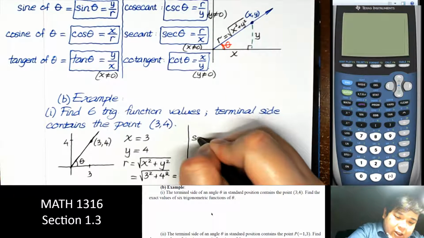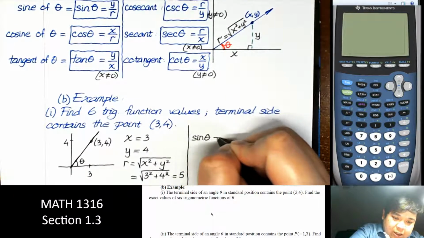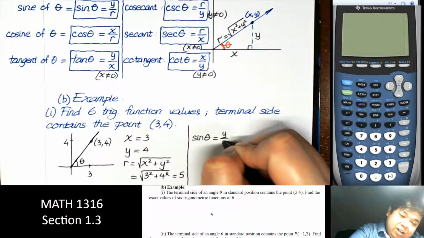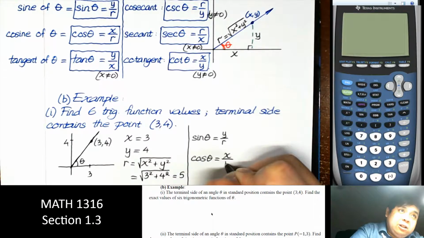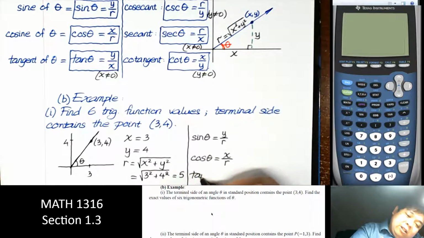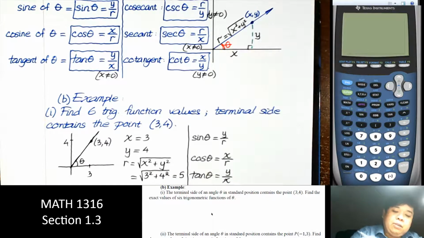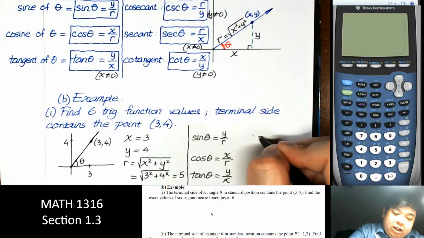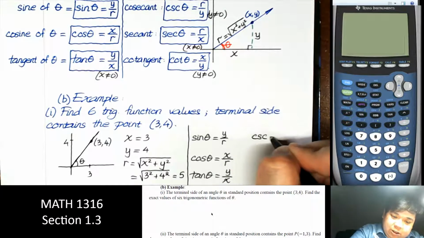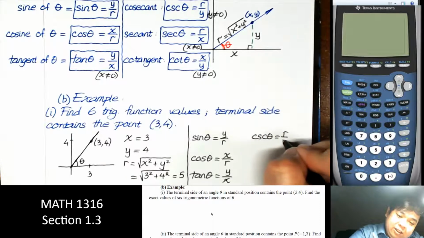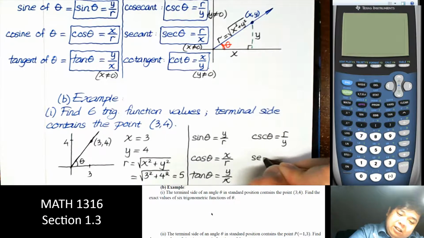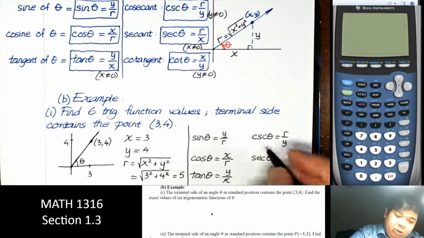So sine, just write the definition first. Cosine and tangent. And cosecant is reciprocal, just want to flip. Secant, reciprocal of cosine, want to flip.